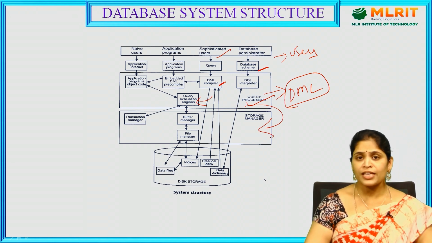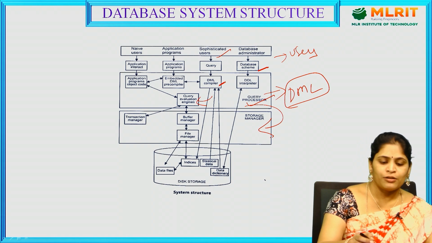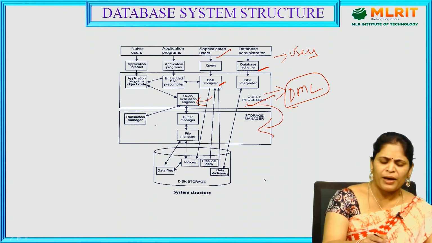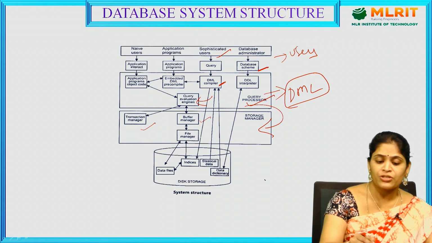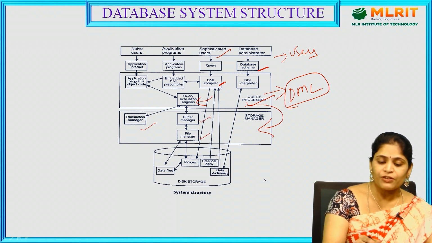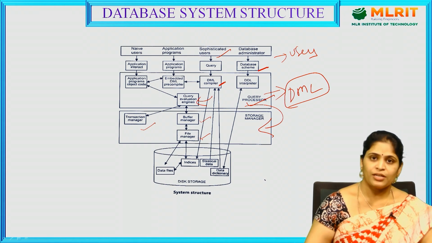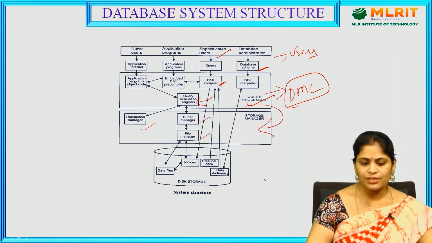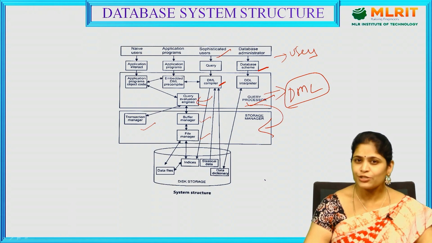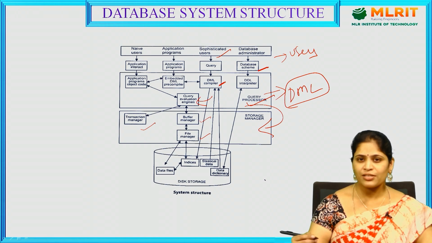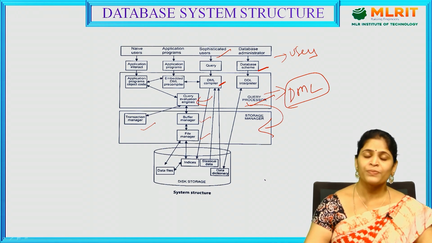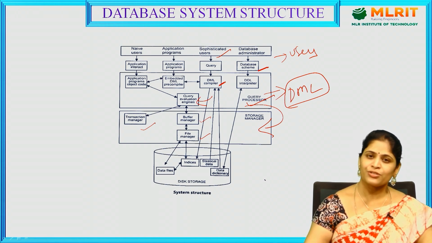This phase includes managing different types of files, for example, the transaction manager, buffer manager, and file manager. The responsibility of the transaction manager is to manage the different kinds of transactions, whether they are performed sequentially, or whether concurrent transactions take place in a correct manner.